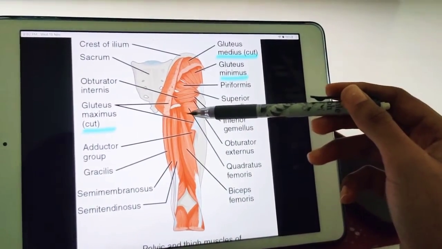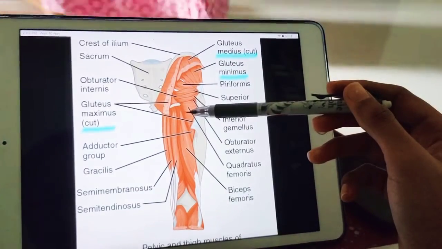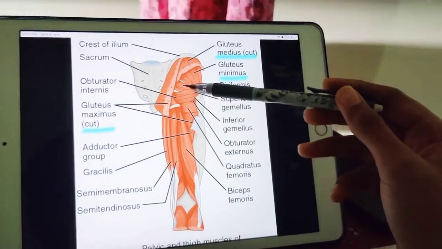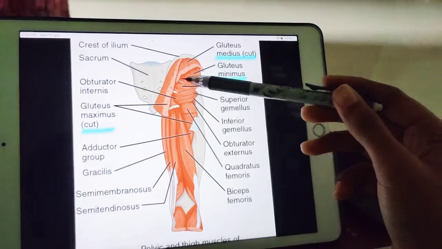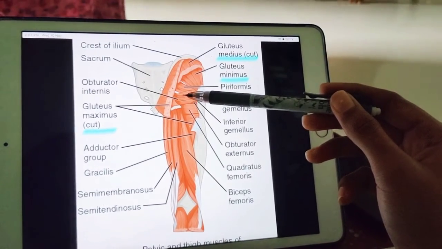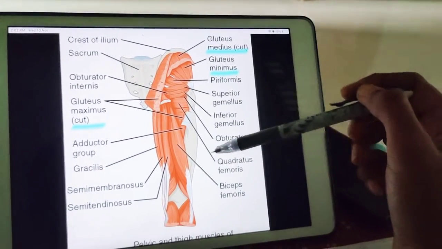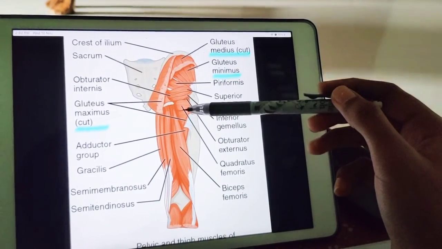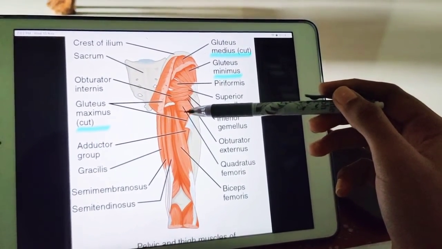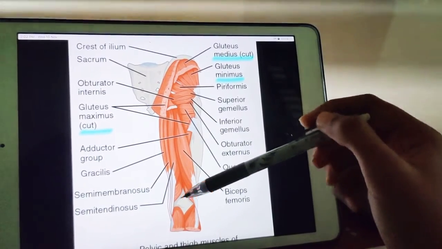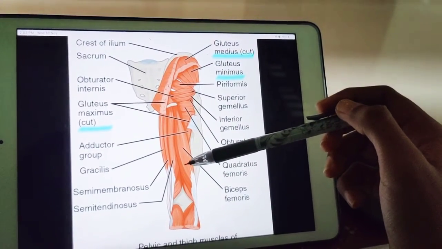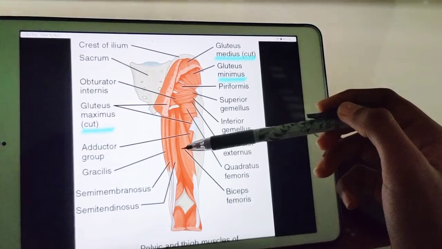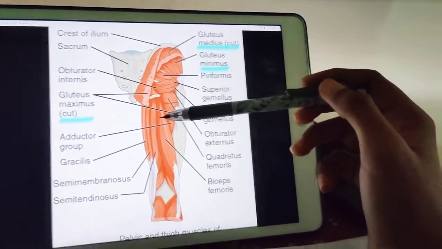And you can also see the obturator internus muscle, piriformis muscle. This is piriformis, this is obturator internus, and you can see the quadratus femoris, and the obturator externus, and also you can see the origin of 4 hamstring muscles from the ischial tuberosity, and there is also insertion of the upper or pubic fibers of adductor magnus.